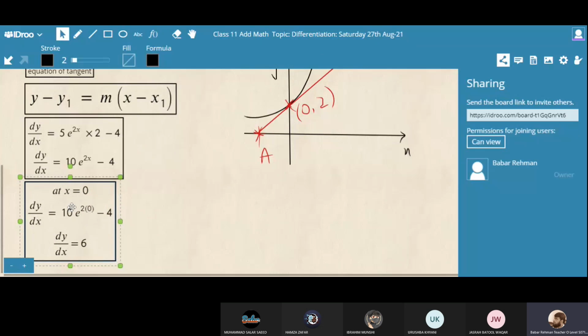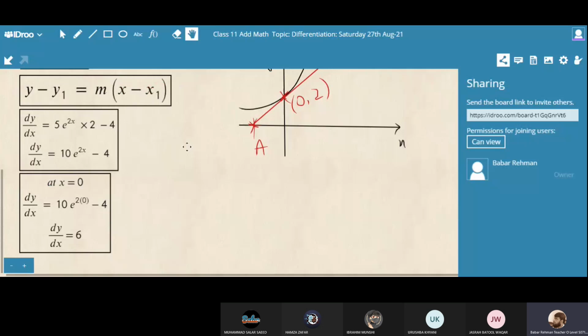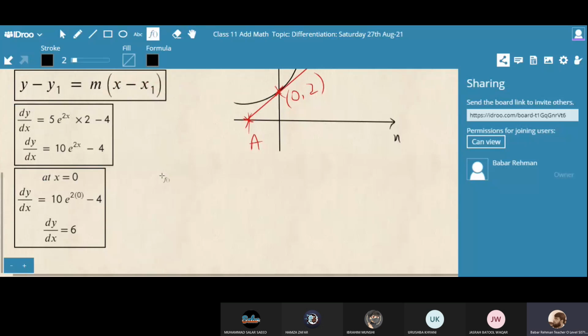Now we have found the derivative. Now we will use the equation of tangent, so we will substitute values here. So y minus y1. What is y1? Can anybody tell me? 2. Yes, this is 2. And x1 is 0, because we are finding the derivative over here. Let me write 0, 2 for all of you so that you can understand, because at the point of tangent x is equal to 0 and y is equal to 2.